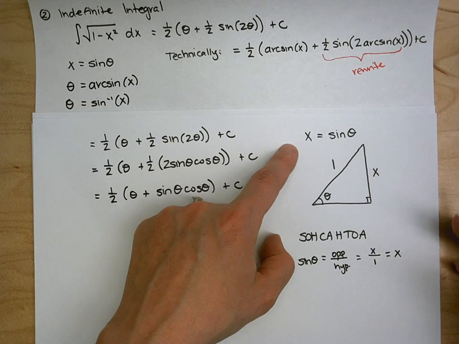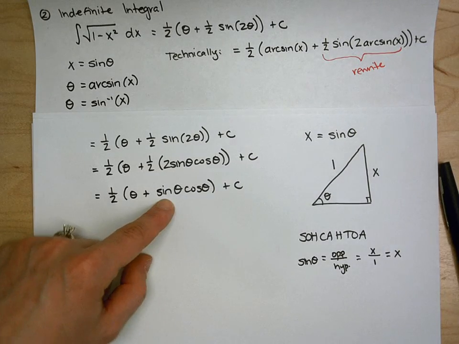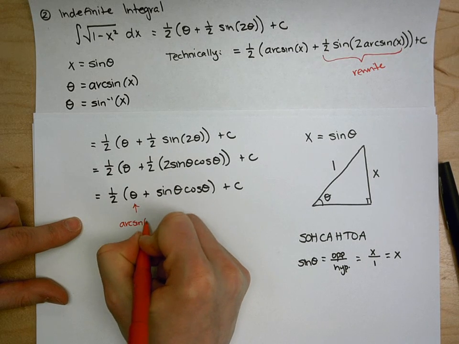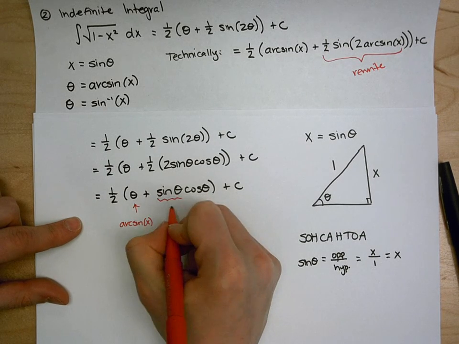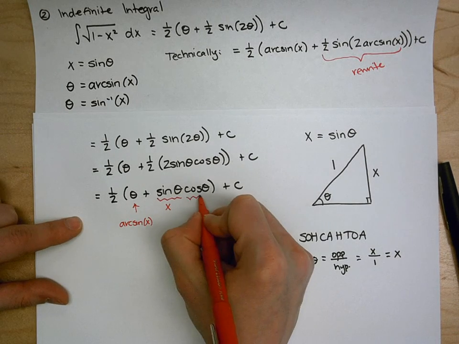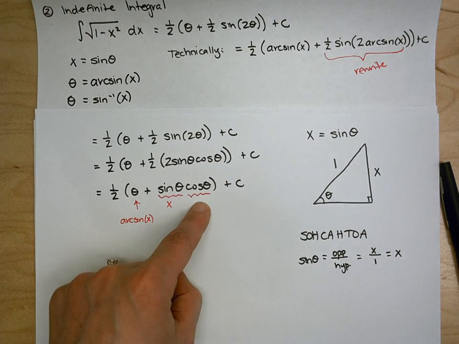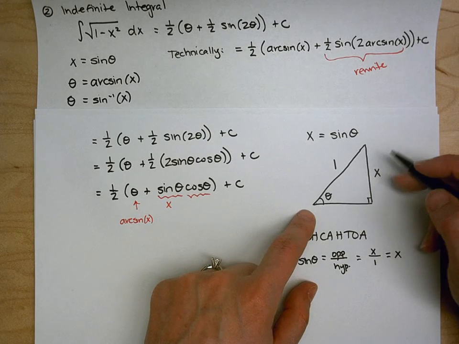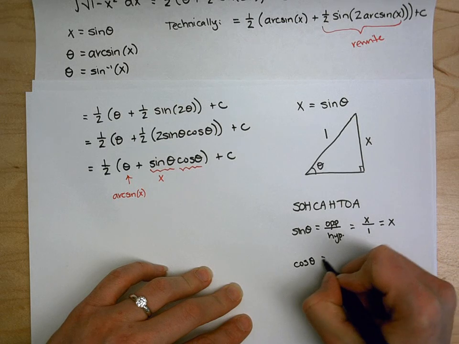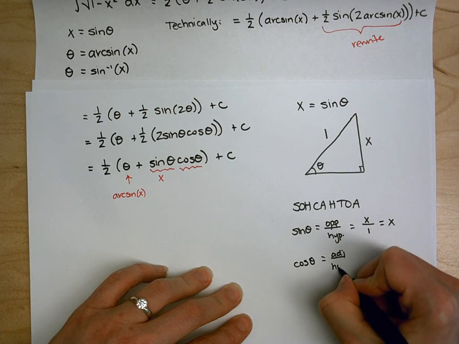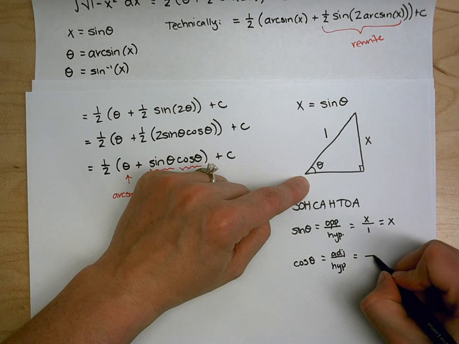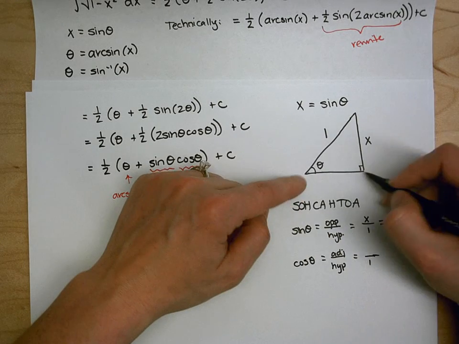So that actually helps me right here. Again, I can write this as arc sine of x. And now I can write sine of theta as x. That was something I knew already. But now I need to think about how I can rewrite cosine of theta based on this relationship. If we look at our SOHCAHTOA again, I know that the cosine of the angle is the adjacent side over the hypotenuse. The hypotenuse is 1, that I know. The adjacent side, I don't know that yet, do I?